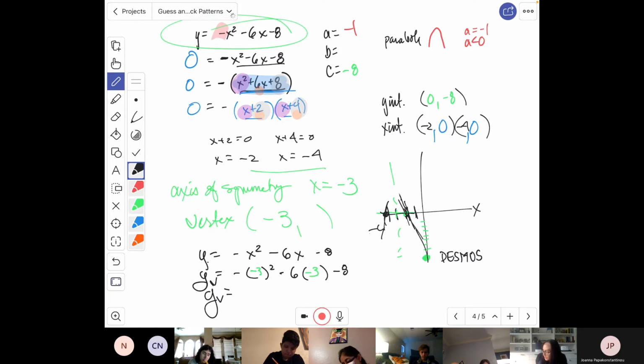Tell me when you think you got it. Y value of the vertex. Actually, don't tell me. Check it on Desmos and see if it's right. Graph it. What is the y value of the vertex?